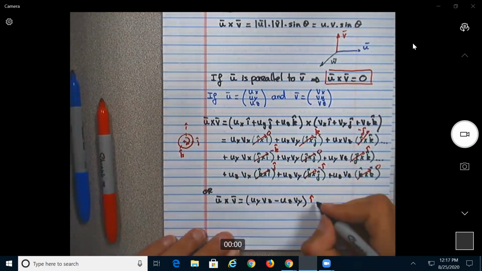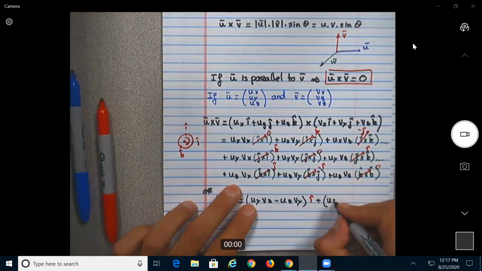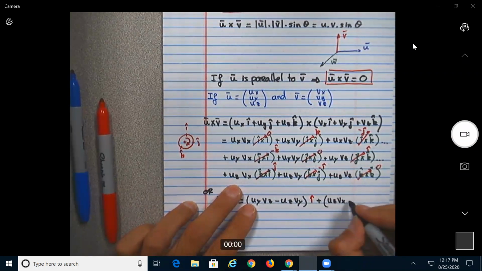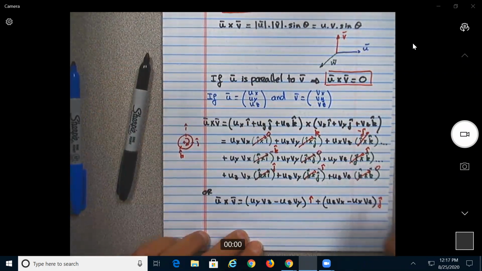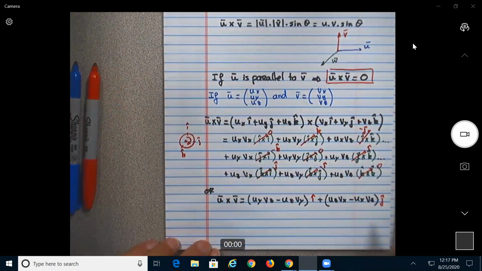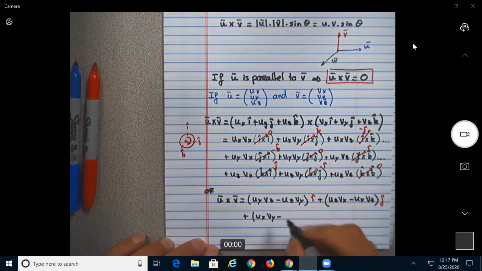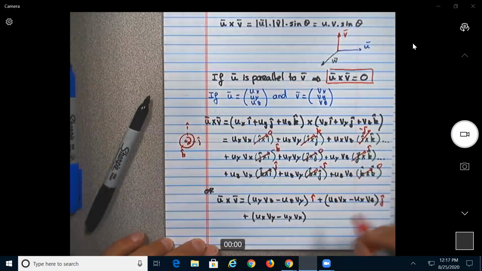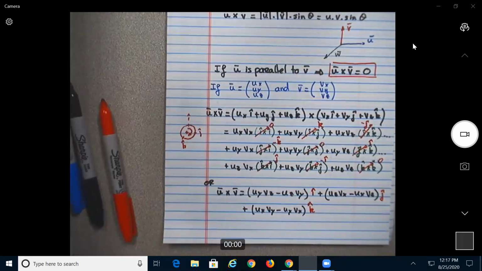Now for the J, what will you have? Generally, it's not the way it's written, but I'm going to do it this way. The J will give you Uz Vx minus Ux Vz, J. And finally, the K component will be Ux Vy minus Uy Vx, and this one gives you the K. Okay, so this is really the way it's done.